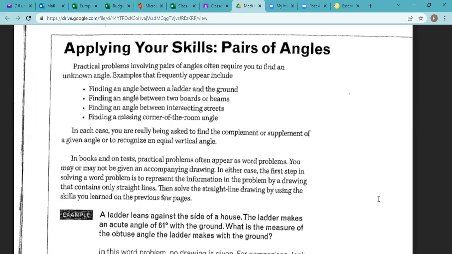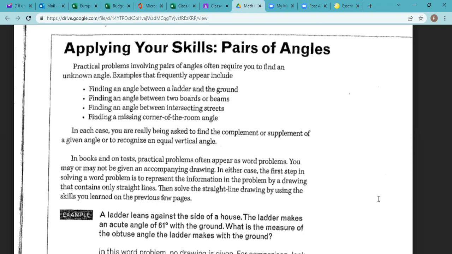So here's what it says. Practical problems involving pairs of angles often require you to find an unknown angle. Examples that frequently appear include finding an angle between a ladder and a ground, finding an angle between 2 boards or beams, finding an angle between intersecting streets, or finding a missing corner of the room angle.